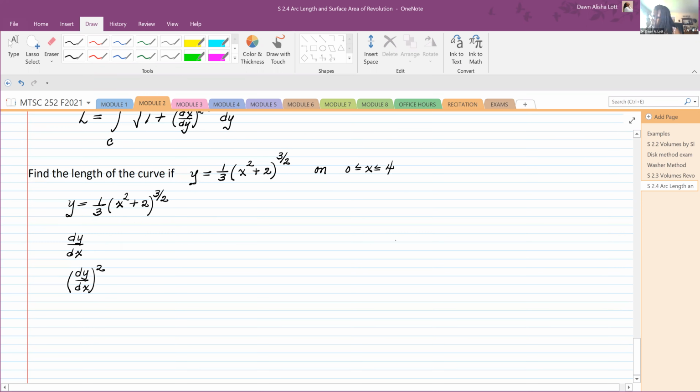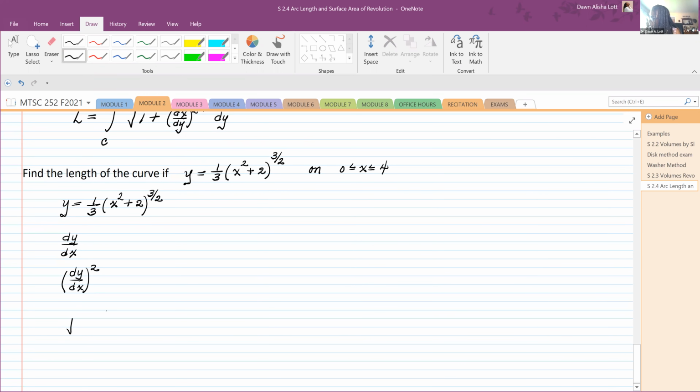And then compute the square root of 1 plus dy dx squared. I'll give you a few minutes to do that. That's the one thing I like about these problems. They are straightforward. You just do that.